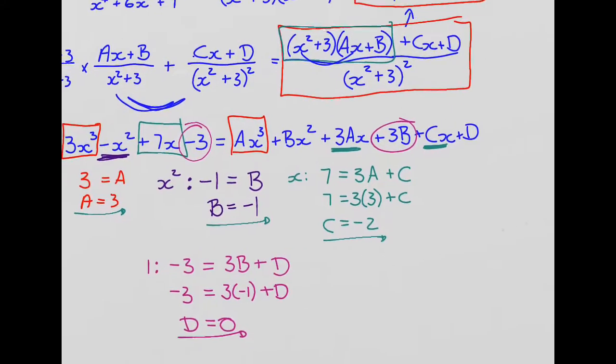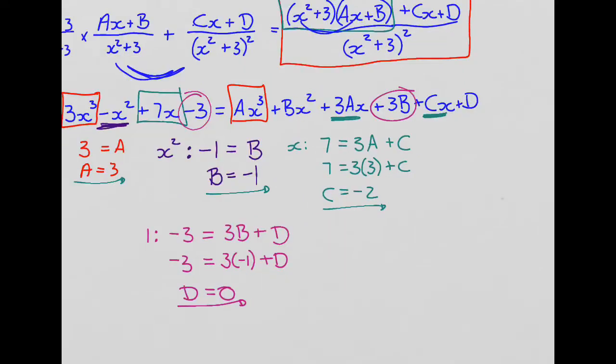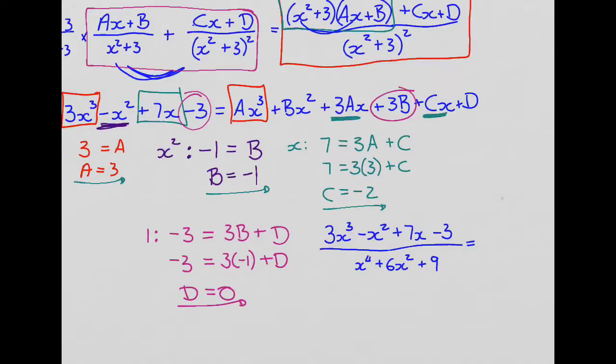So then, don't forget to put everything back. Remember to answer the question. So the original 3x cubed minus x squared plus 7x minus 3 over x to the power of 4 plus 6x squared plus 9 is equal to, and then we put it back into this decomposition.